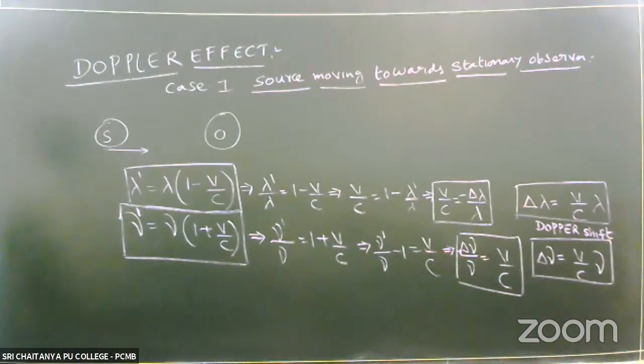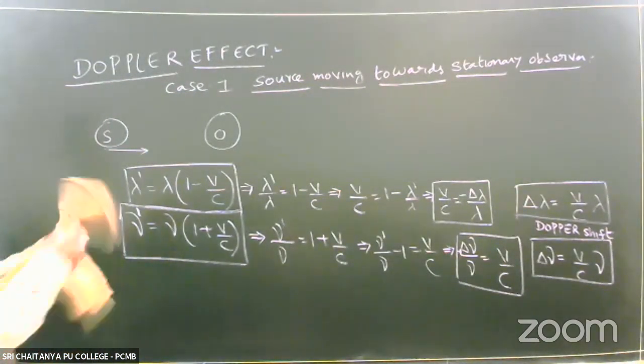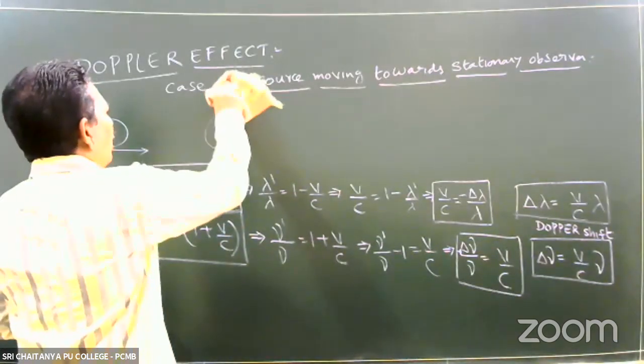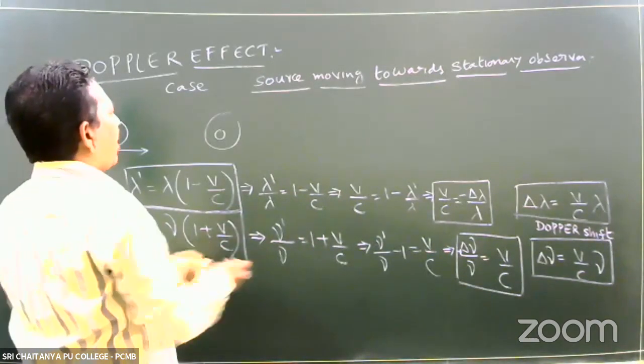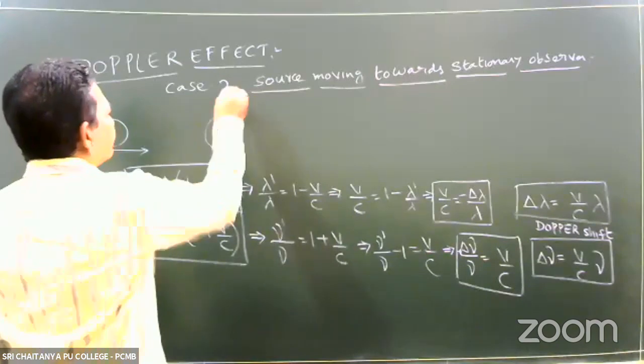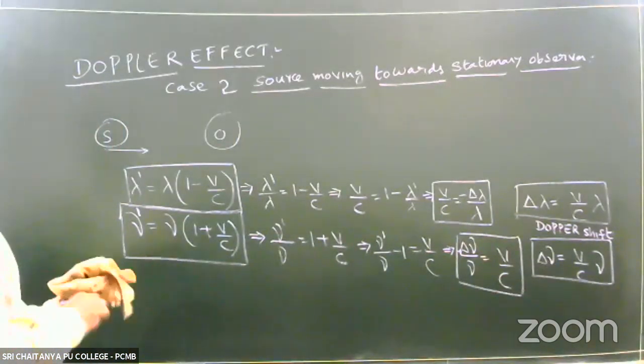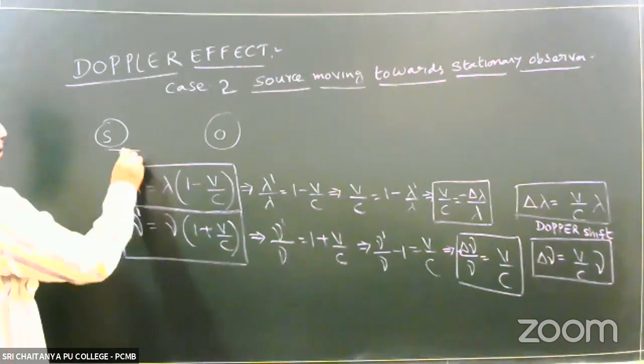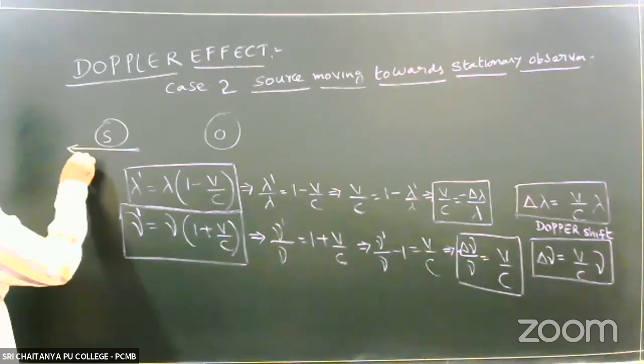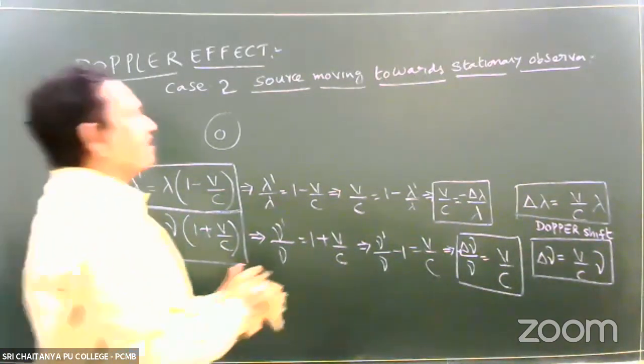Now, let us go to case 2 in Doppler effect. Model number 2 in Doppler effect. Now, what happens to the source? Now the source is moving away from the stationary observer.